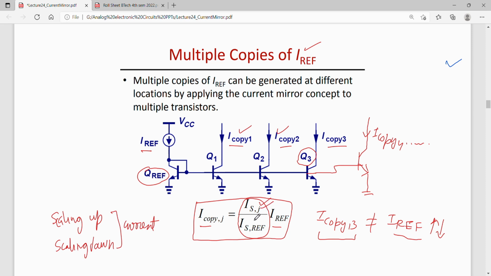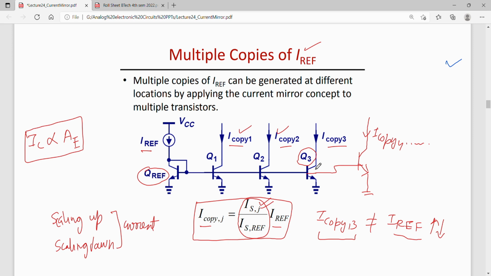Now saturation current depends again upon the transistor size. We had seen that the current in a BJT is dependent upon the area of the emitter.